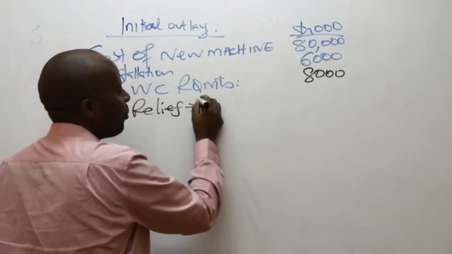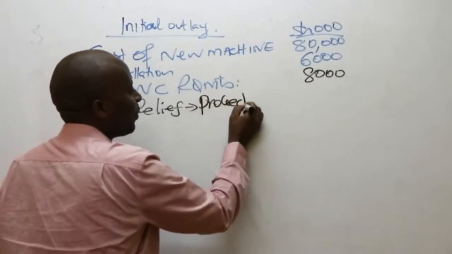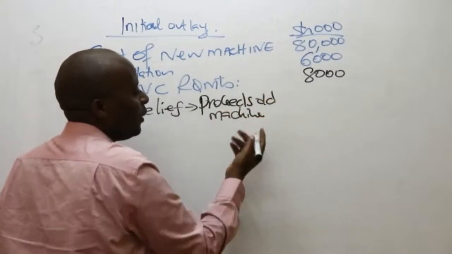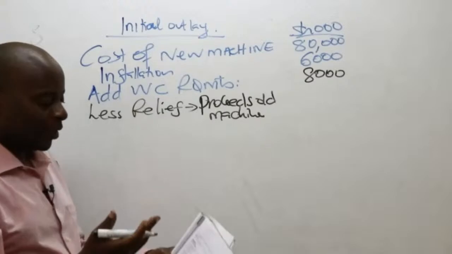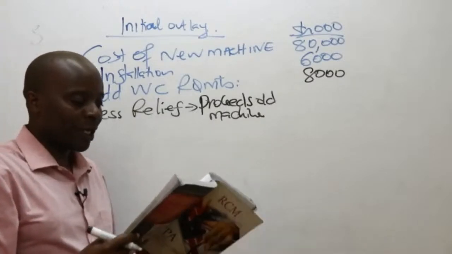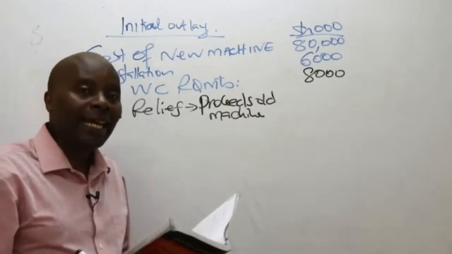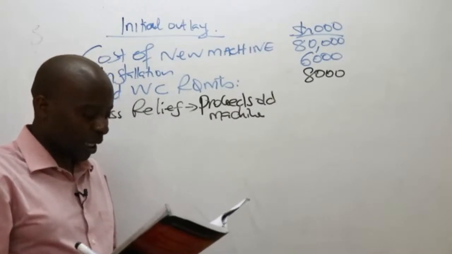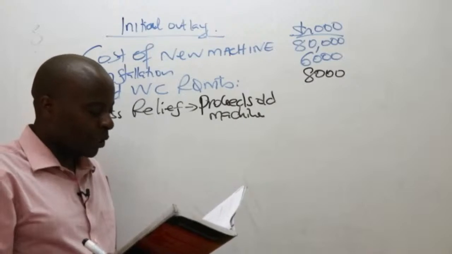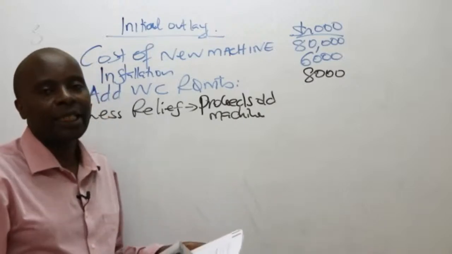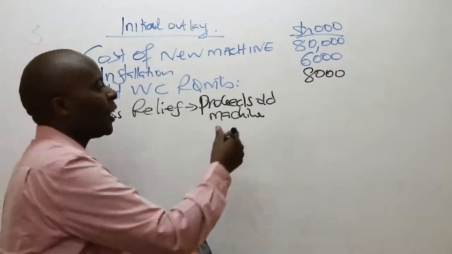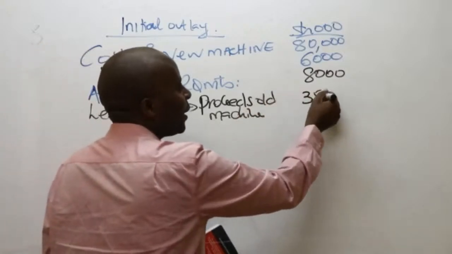So we have here proceeds, old machine. This is a relief. How much is the market value of the old machine today? If I have to sell this old machine today, from paragraph number 1, we are told the machine could be disposed of immediately at shillings 35 million. So 35,000. This is a relief.